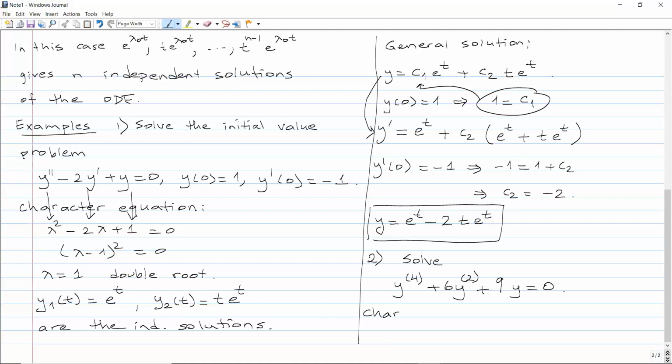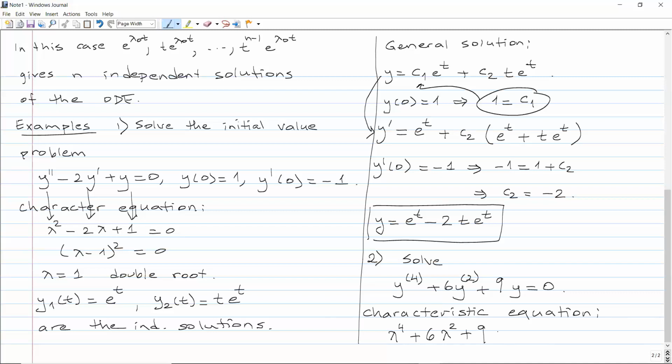We write the characteristic equation. y to the 4 corresponds to lambda to the 4, plus 6 times the second derivative of y corresponds to lambda squared, and 9 times y.